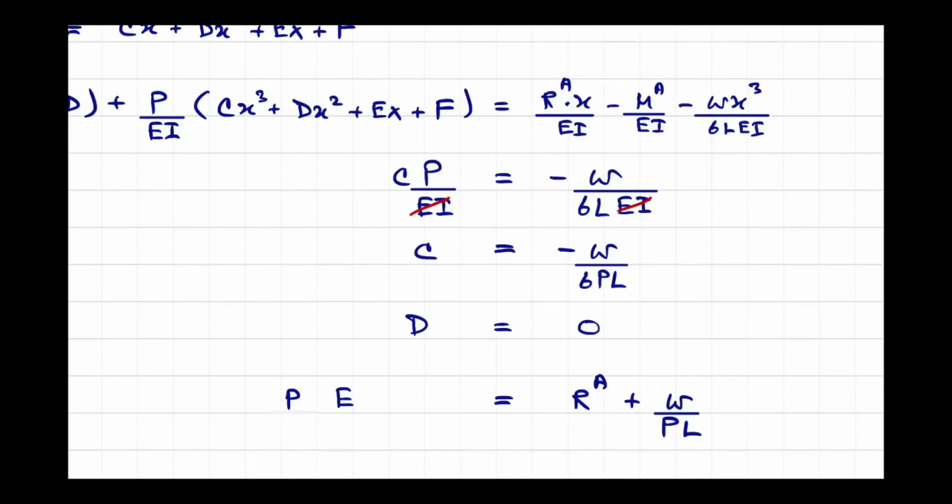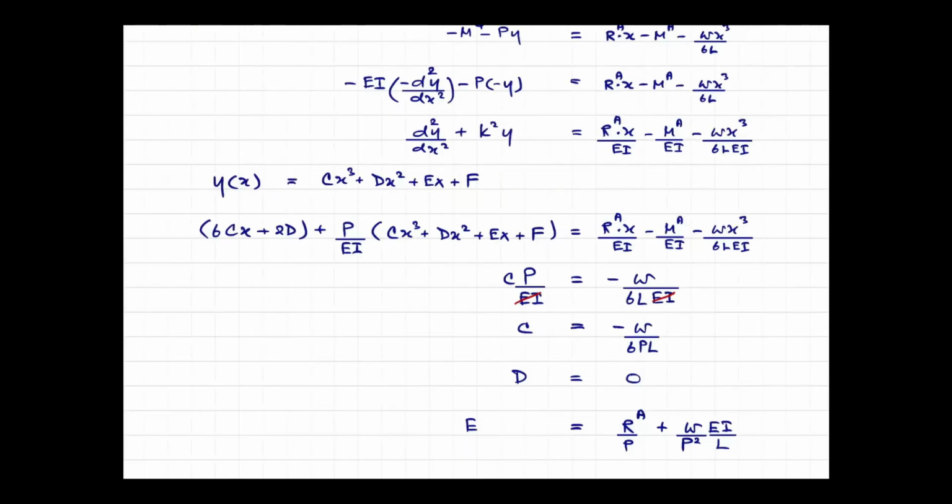That's going to make another EI there. The P will be coming down, square and L, just like this.